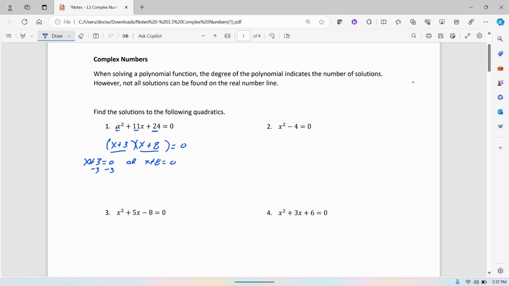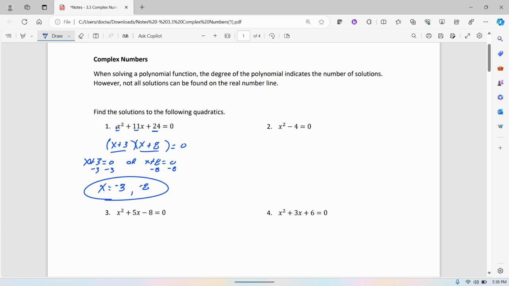Subtracting 3 from both sides here, x equals negative 3. Subtracting 8 from both sides here gives us x equals negative 8. So my two solutions are either x equals negative 3 or x equals negative 8.